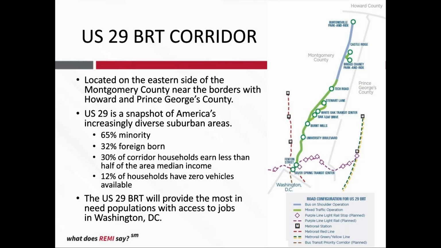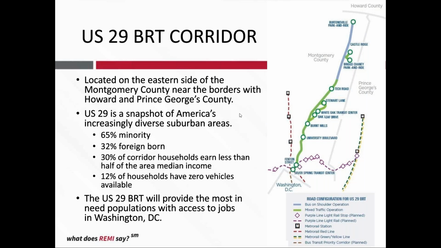In this corridor in Montgomery County, we can see where buses go, where mixed traffic operates. See the purple line, light rail, where it's planned, as well as some of the other DC Metro Rail stops intersecting with the Montgomery County corridor here.